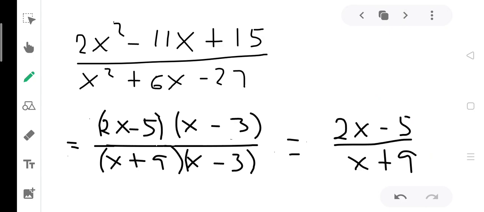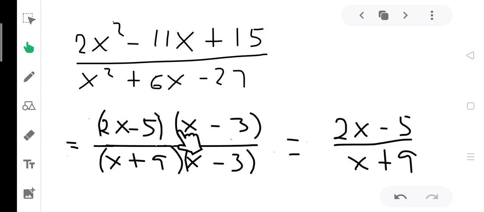Okay, next, we have (2x squared minus 11x plus 15) all over (x squared plus 6x minus 27). So this is a general trinomial with a not equal to 1. And in the denominator, a general trinomial, but with a equal to 1. Both the numerator and denominator can be factored through trial and error.